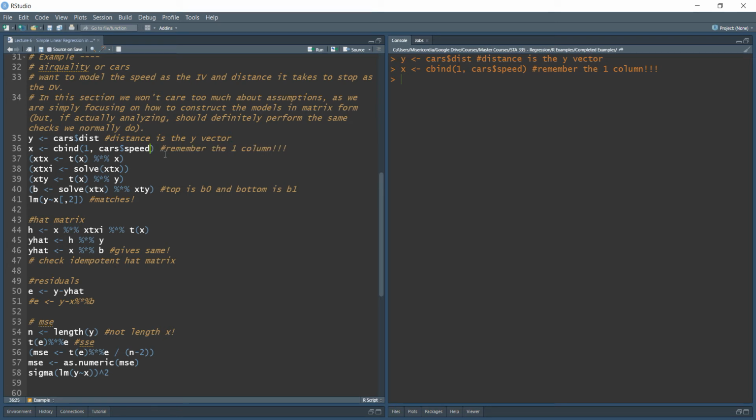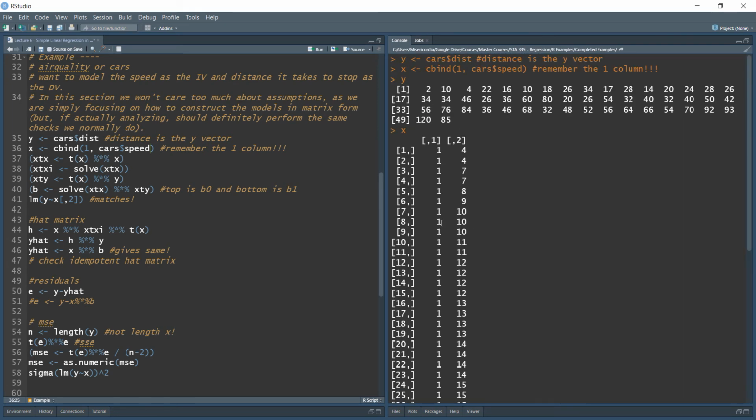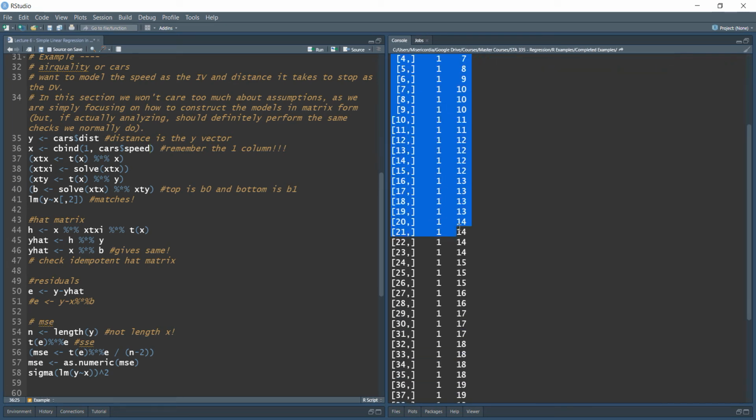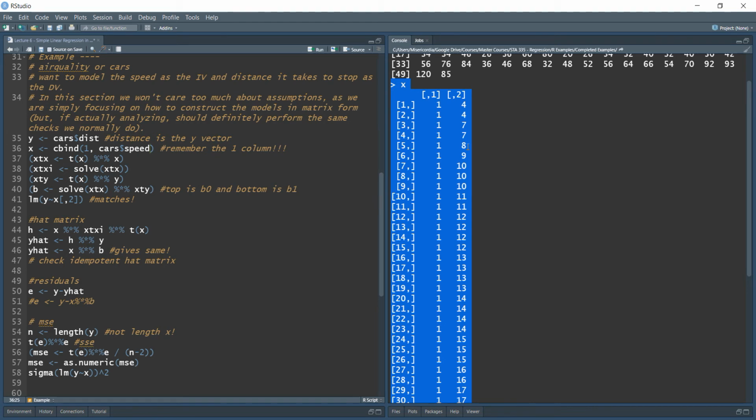We don't have this in this example. We're not talking about multiple regression quite yet, but that's where that would go. So y is my vector of y values, and x is my design matrix. It's a matrix, and it's always a matrix. X is never going to be a vector anymore in our matrix form.